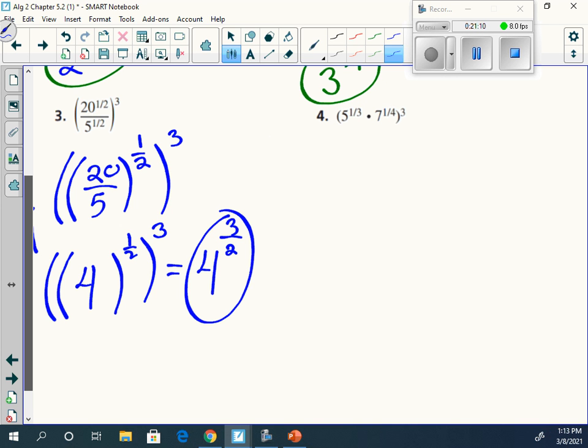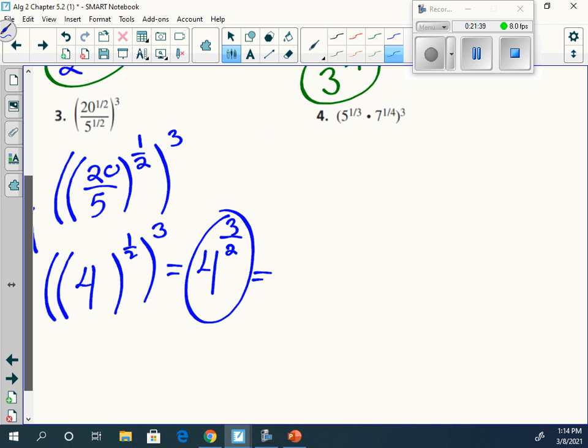And I have a feeling we're going to leave it there. Yeah. So we can leave it there, but it turns out actually you can type this into the calculator.